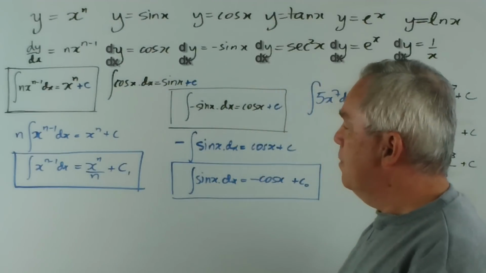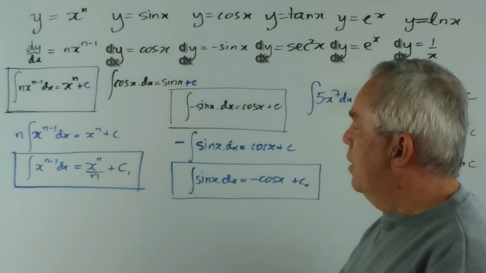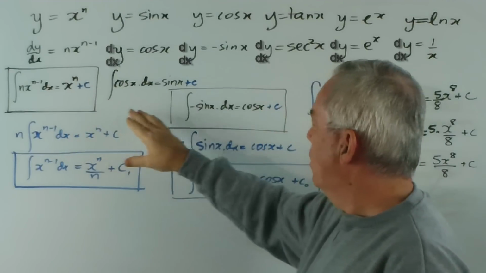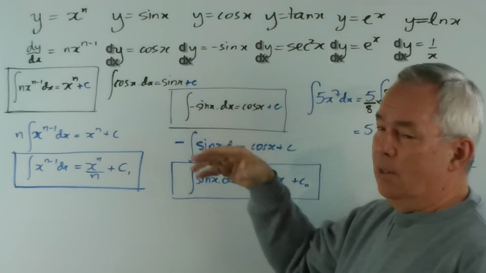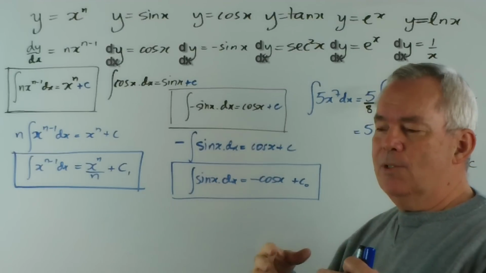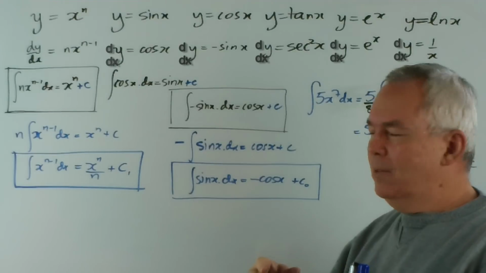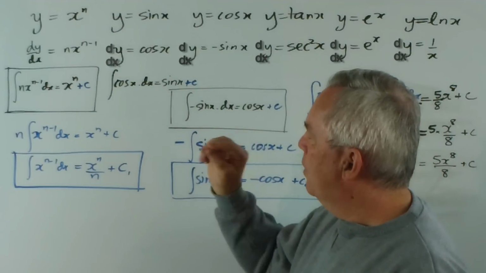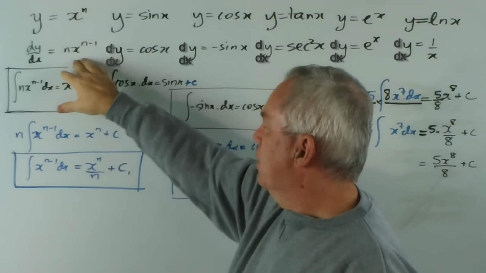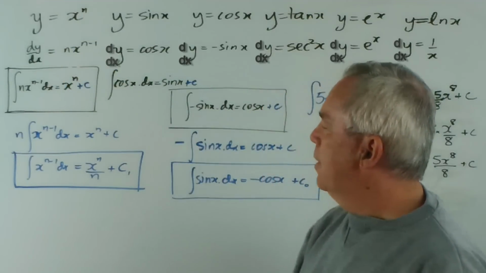My preference, psychologically, is to do it this way. And you will see later in the next video, on the third one, that it simplifies matters considerably if you think of the pattern as a pure pattern of reversing the derivative.